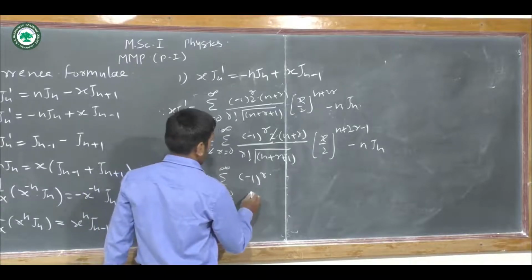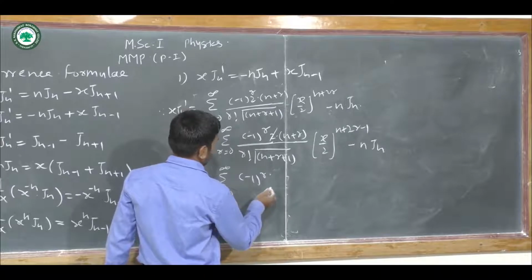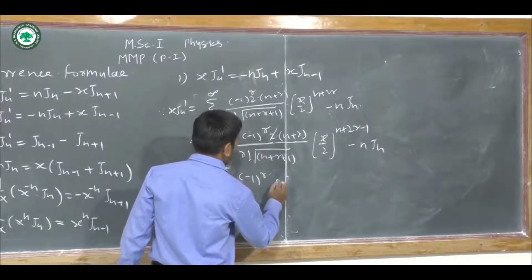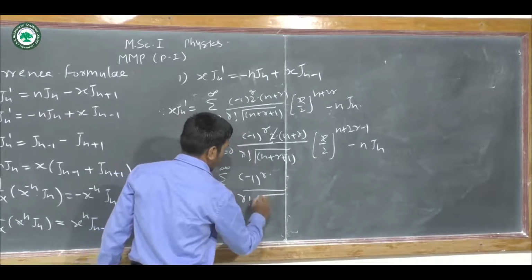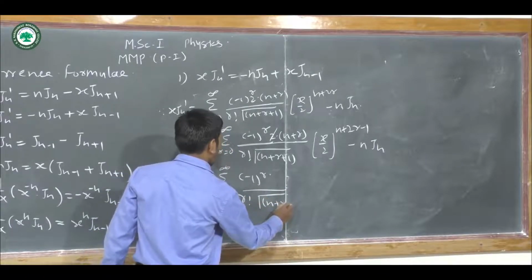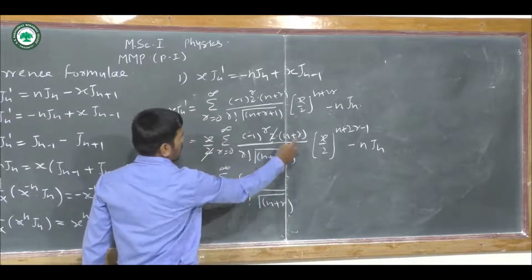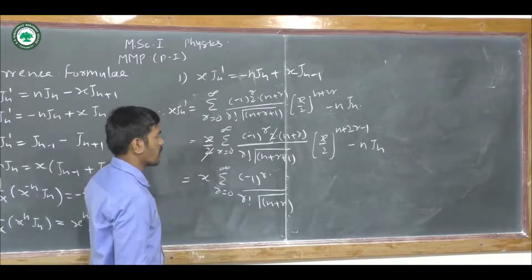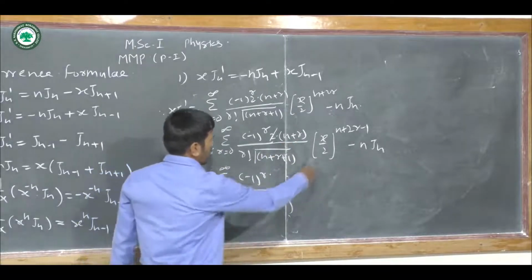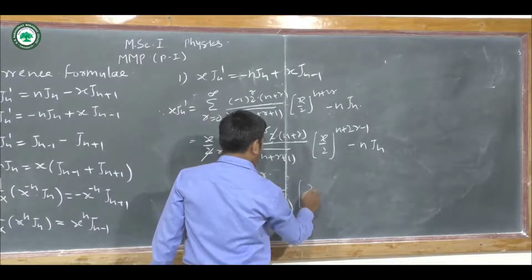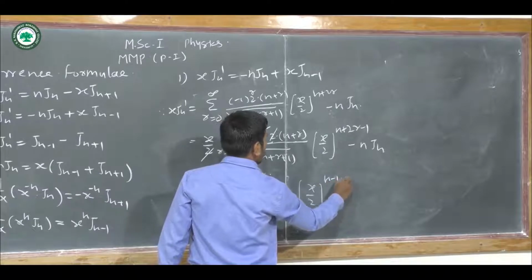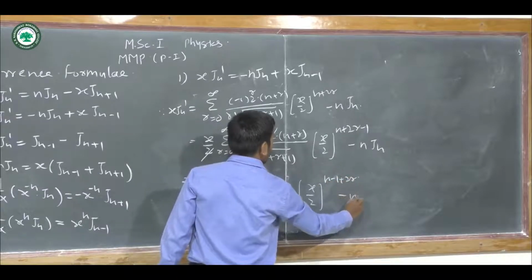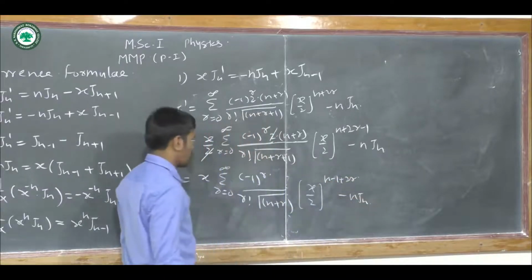So these things divided by r factorial gamma n plus r, for this n plus r divided by n plus r plus 1. And these expressions, that is x by 2, we can write n minus 2r minus n into Jn.